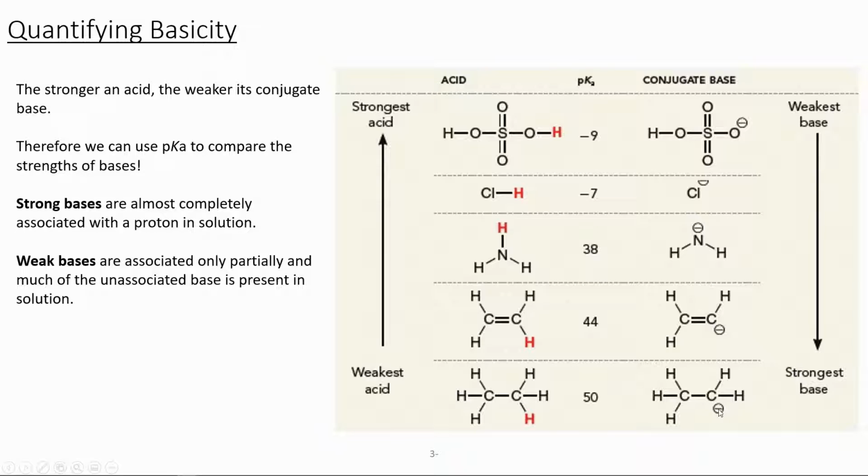This negative charge is on the carbon, and we have a strong desire to form a new bond with a hydrogen, with a proton. So any proton around this is going to almost immediately react with it. Strong bases are going to be almost completely associated with protons in solution. So if you were to expose this ethane anion to any form of proton, it's going to immediately react and form ethane.